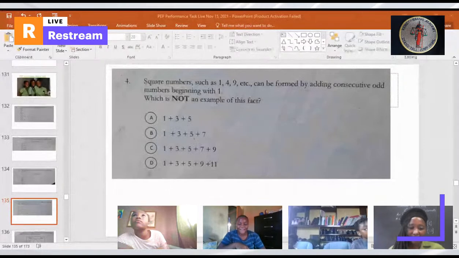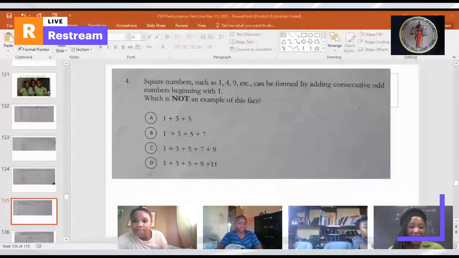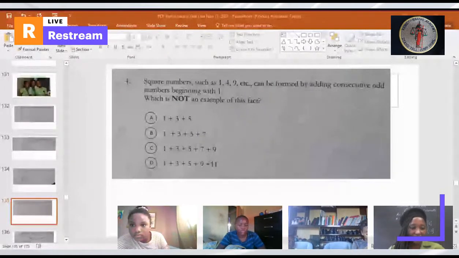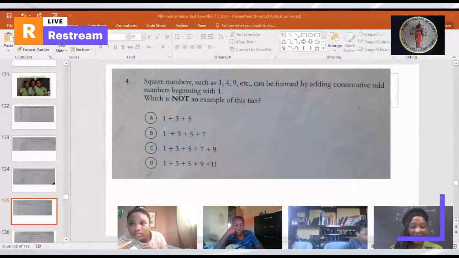All right, so that's the one that is different. And which odd number is missing from that? Seven, Miss. That would make it consecutive. 7 is missing. So if we add the numbers in A, 1 plus 3 plus 5, we get 9, a square number.